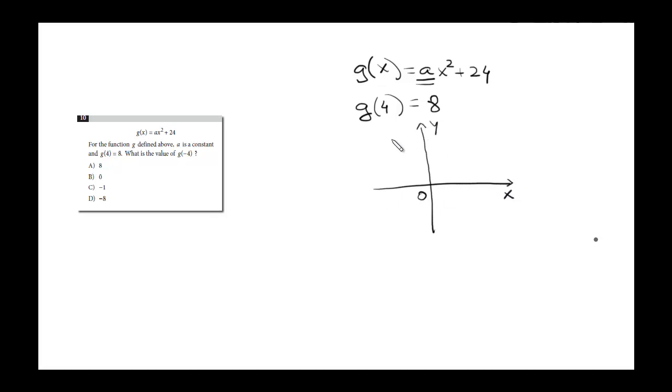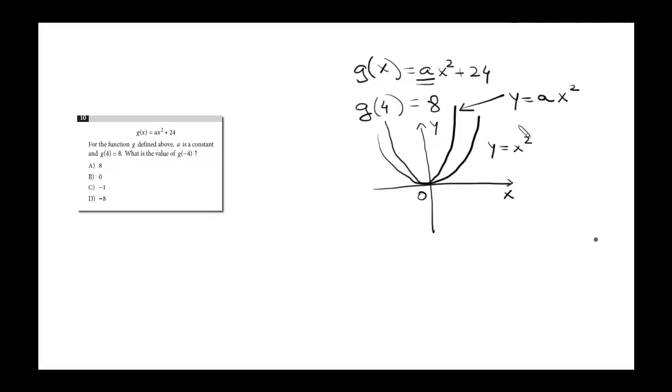which can be sketched from the graph of y is equal x squared. We stretch it by a on the y-axis, so that would be y is ax squared.